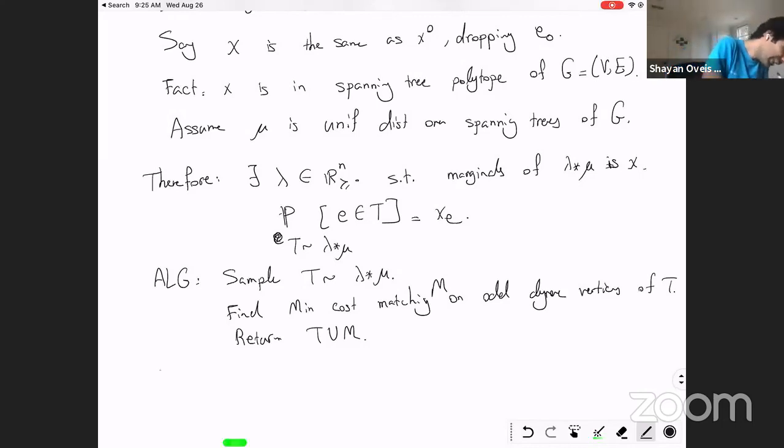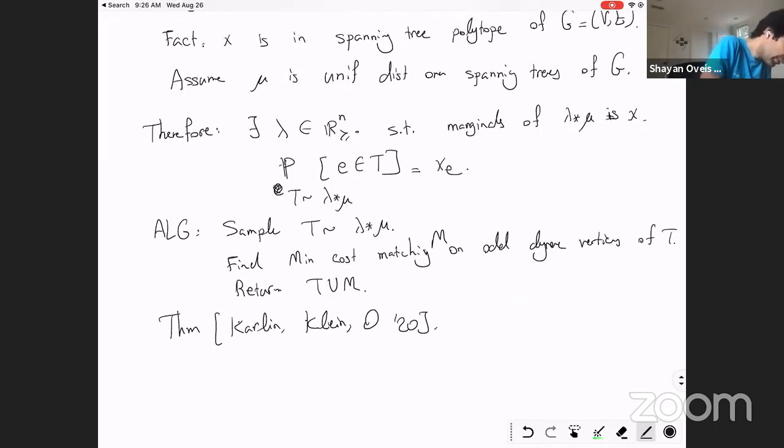The theorem we proved recently, it's a joint work with Anna Karlin and Nathan Klein, is that this algorithm gives a 3/2 minus some epsilon approximation for the traveling salesman problem.